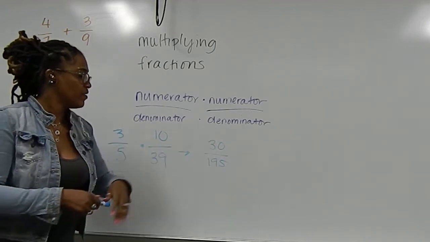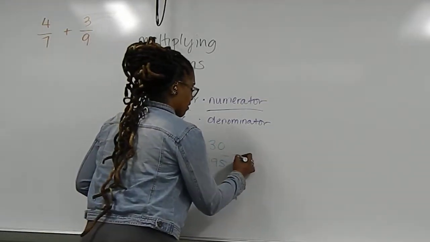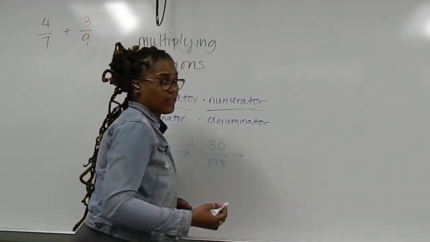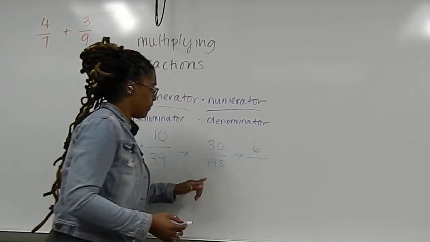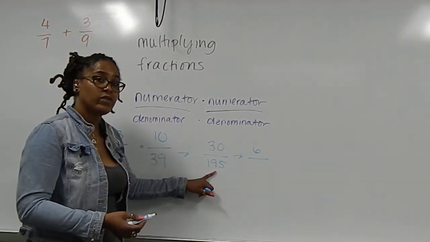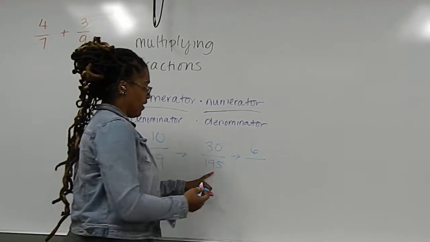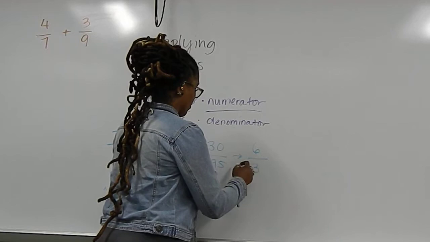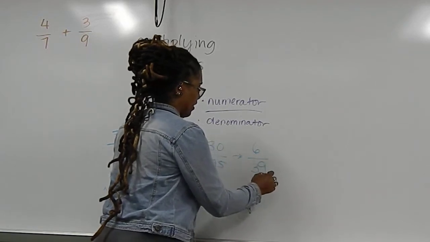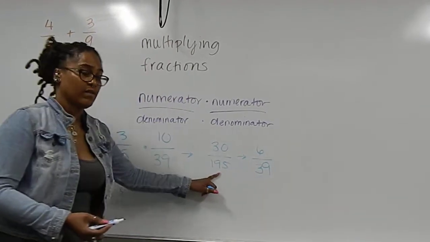And that 5 goes into 30, how many times does 5 go into 30? 6 times. And how many times will 5 go into 195? Well, that's going to be 39 times, I believe. Right?